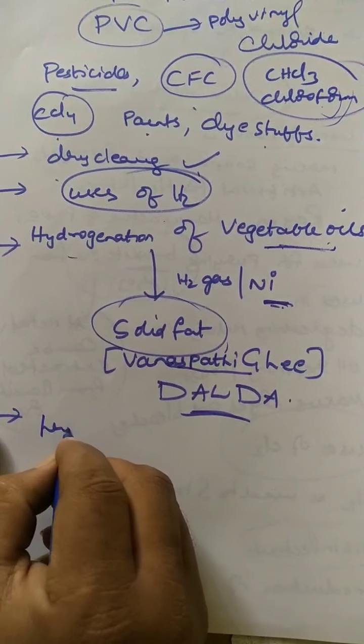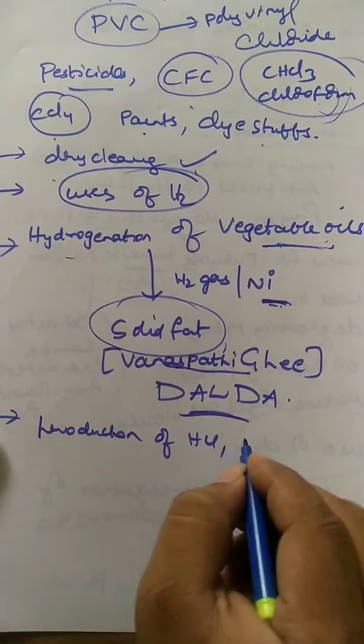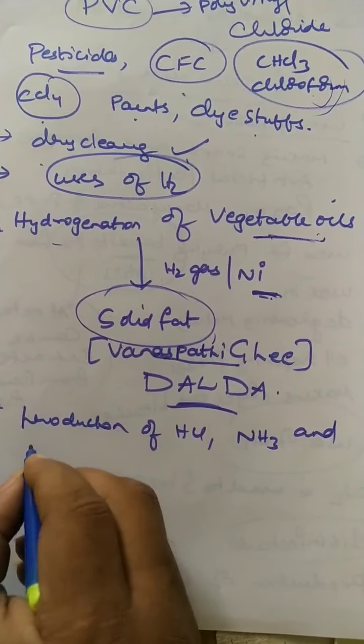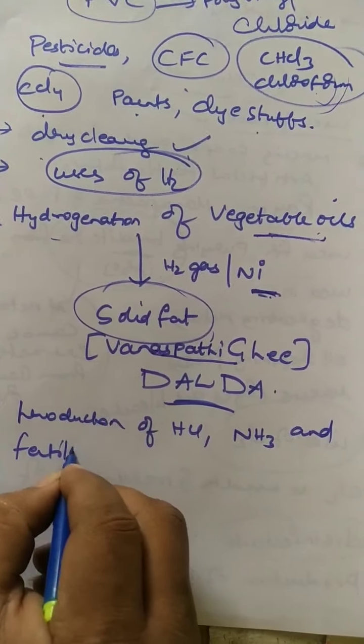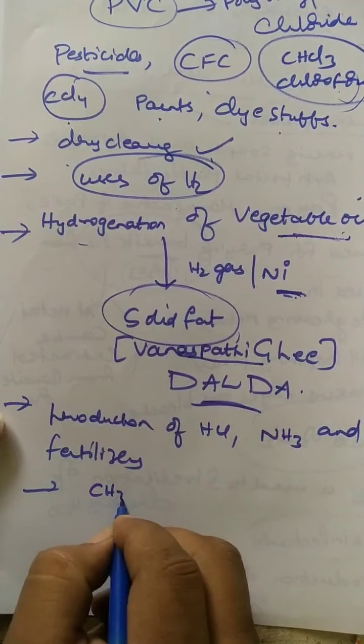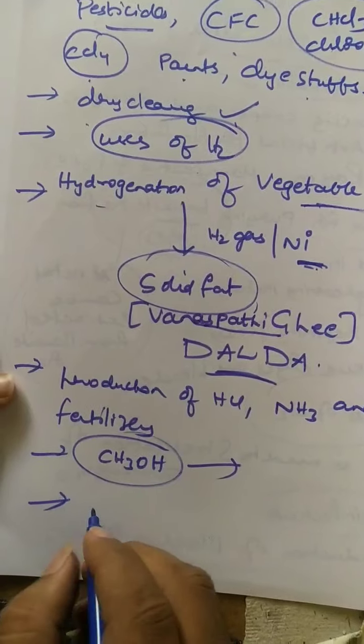Hydrogen gas is also mainly used for the production of HCl, ammonia, and certain fertilizers can also be prepared. And CH3OH, methyl alcohol, can be prepared by using hydrogen.